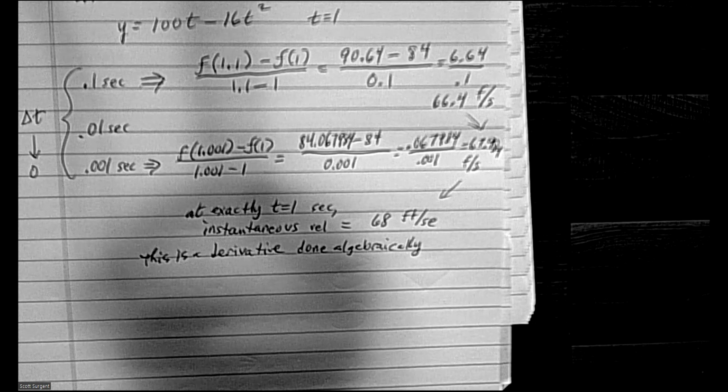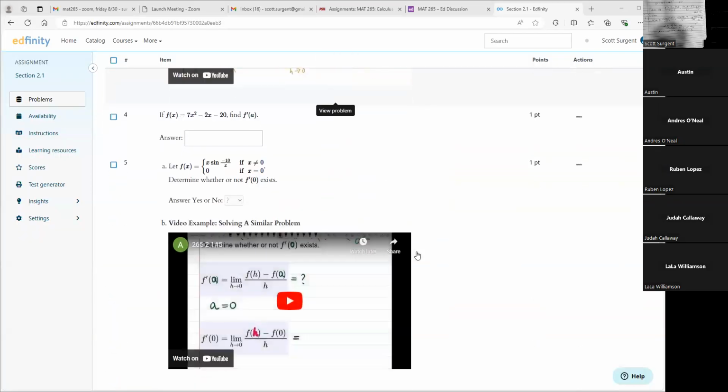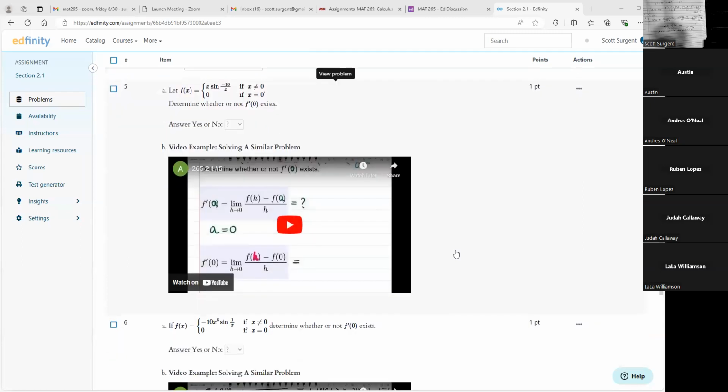All right, so let's see. I'll go with what we had here, numbers 5 and 6. I'm going to go back to the problem here. Let's see, what was number 5? Oh, this guy. Yeah, these two, in fact, I'm going to keep them both up on the screen. These two are both related questions, and they're kind of interesting questions. They have some bizarre behaviors here.